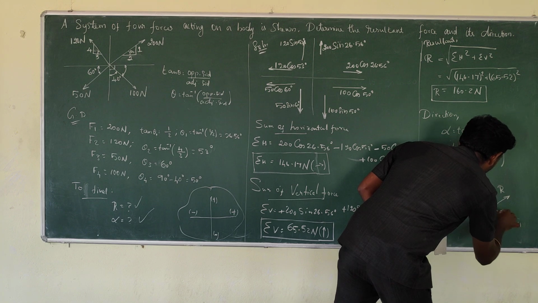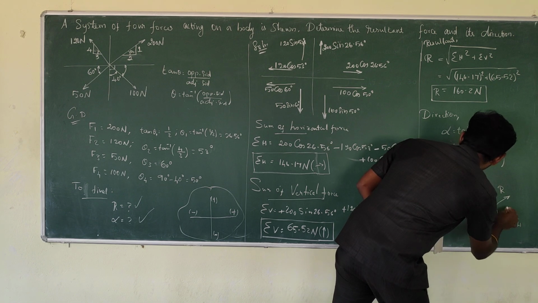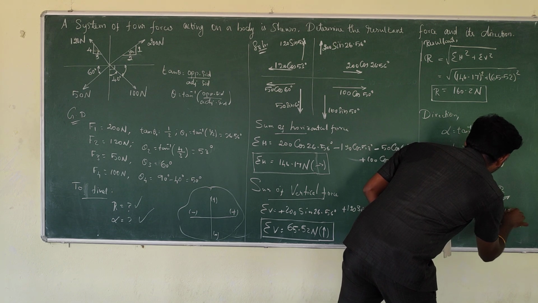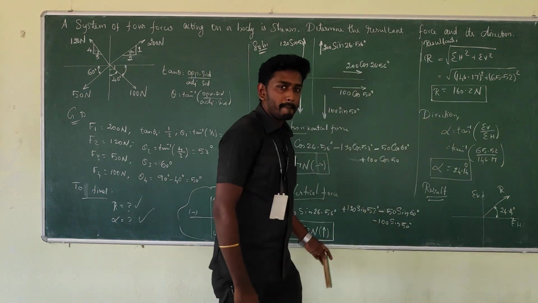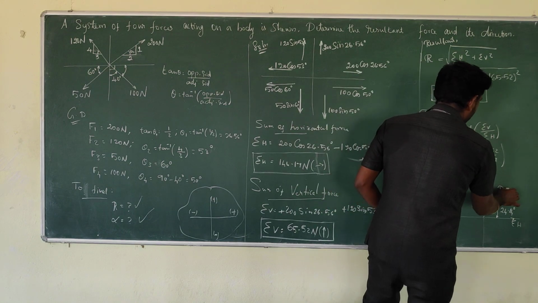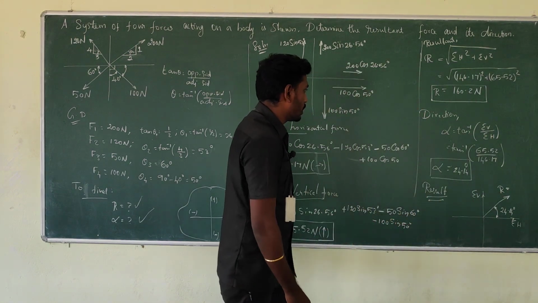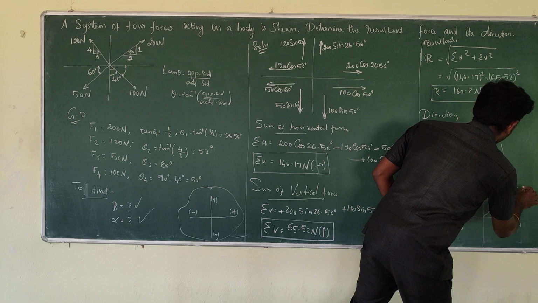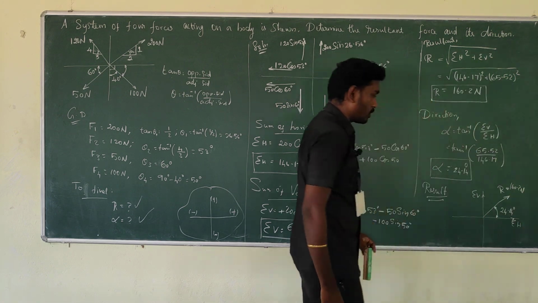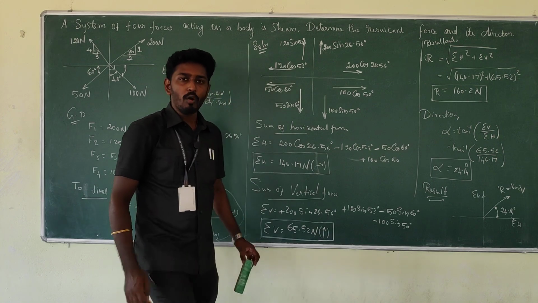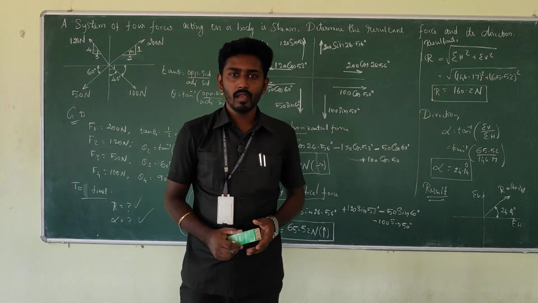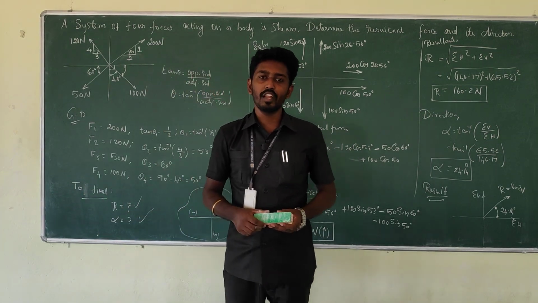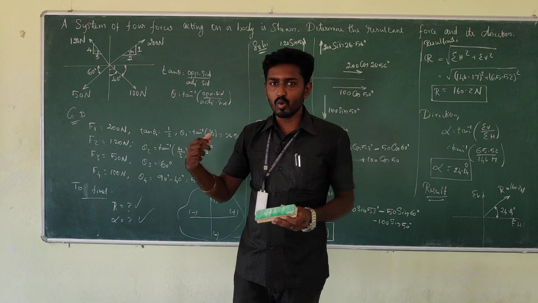So note it down. The inclination of the resultant is 24.14 degree from the horizontal. Also you can represent the magnitude of resultant as 160.2 Newton.